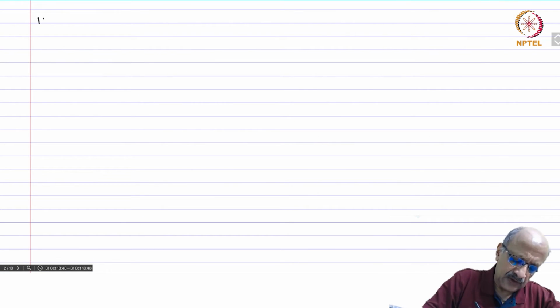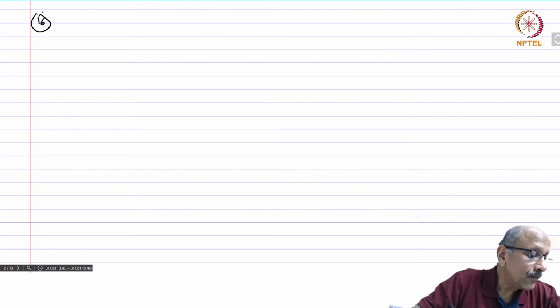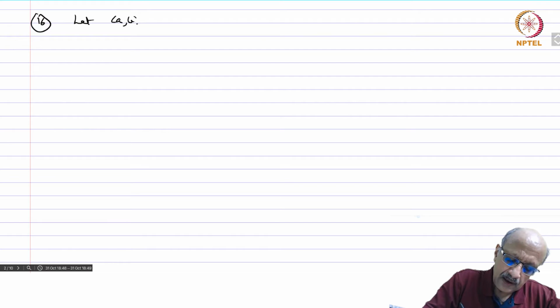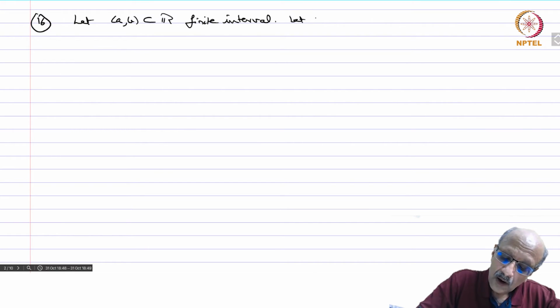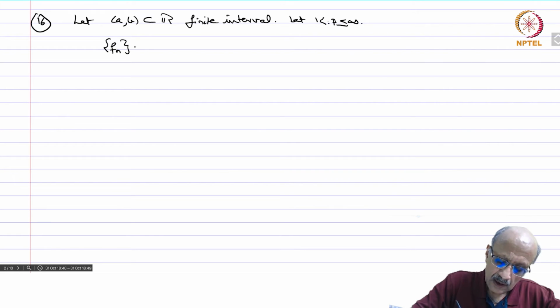Okay, so now 16. Let A, B be a finite interval contained in R. Let 1 less than or equal to p, and 1 strictly less than p less than or equal to infinity, and f_n a bounded sequence in Lp of (A,B).